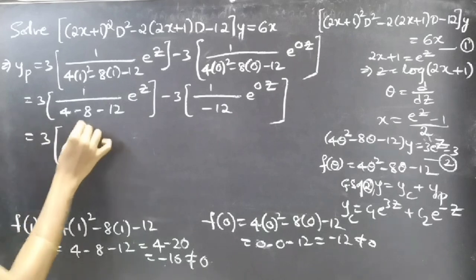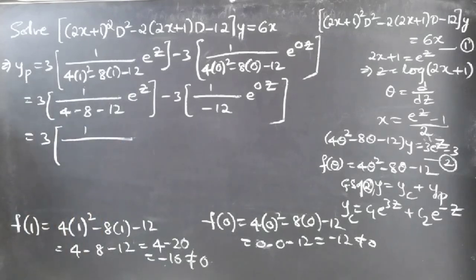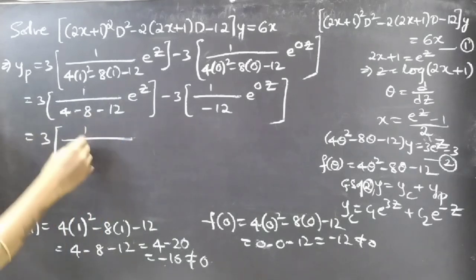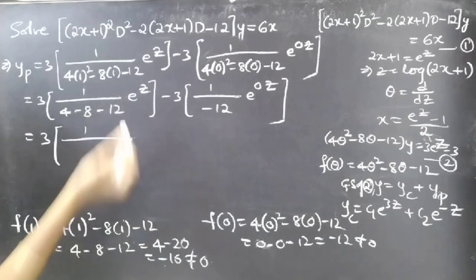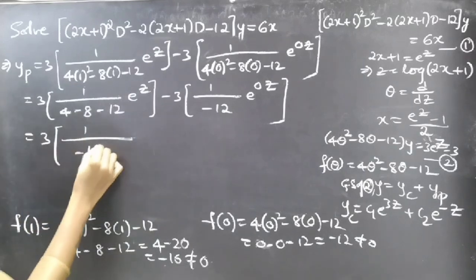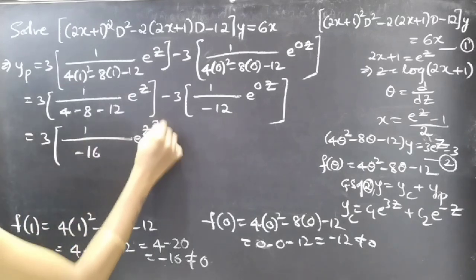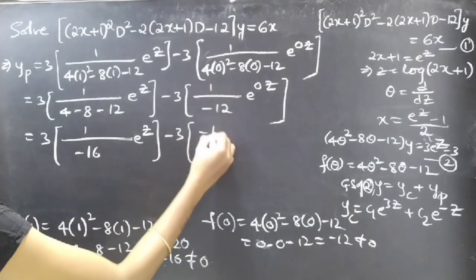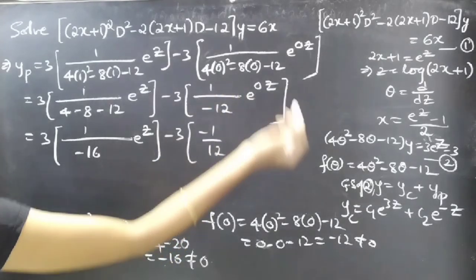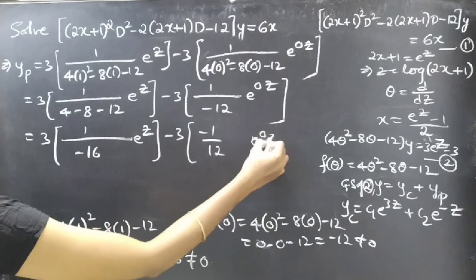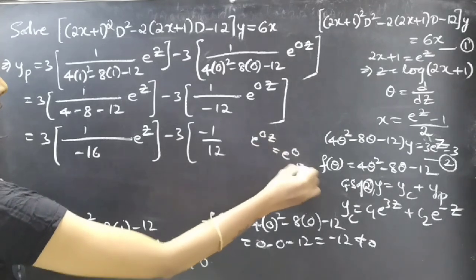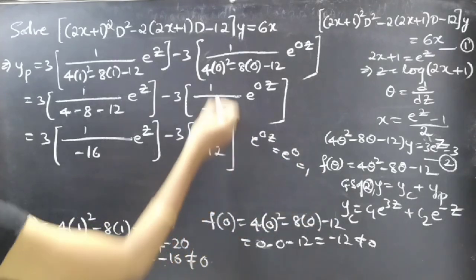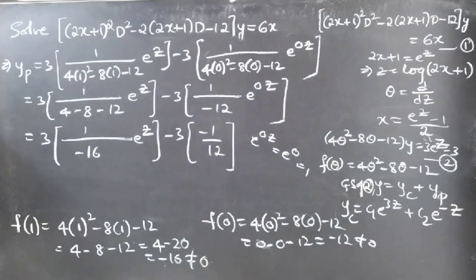This gives us 3 into 1 by, 4 minus 8 is minus 4, minus 4 minus 12 is minus 16, into e power z, minus 3 into, you can write this as minus 1 by 12, and e power 0 z is e power 0, and e power 0 is 1. So you'll get 1 by minus 1 by 12 here, right?